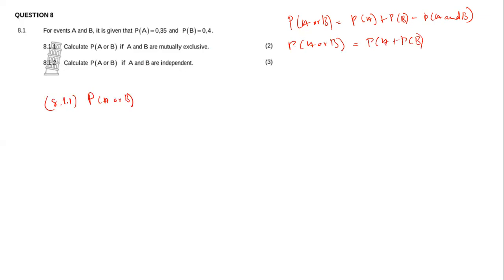In a Venn diagram, we are talking about circles that are separated. When the events have separated circles, we say the events are mutually exclusive. Therefore, we use this formula.